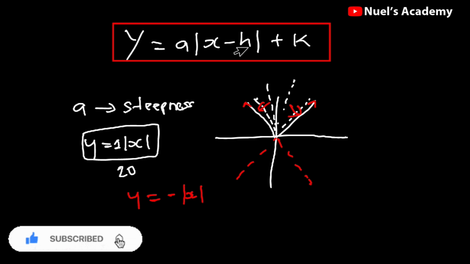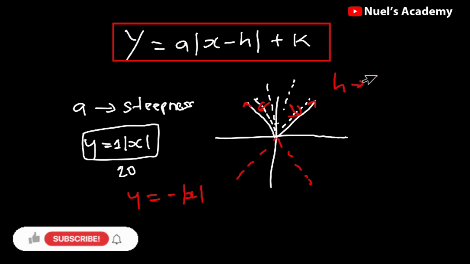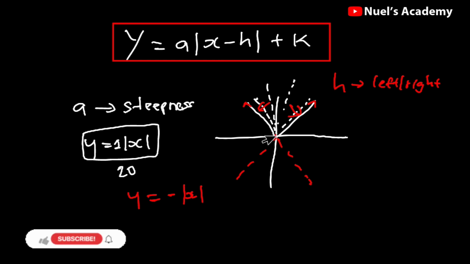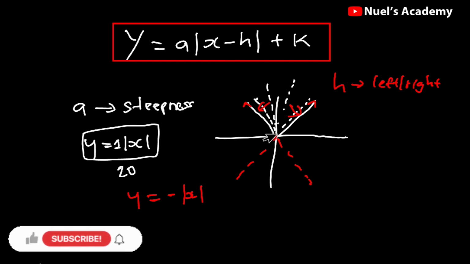So let's discuss h. This h shifts the graph to the left or right. If you look at this parent function, you see that here we have only x, which means that h is 0. So that is why the vertex starts from 0, 0, which is at this point.